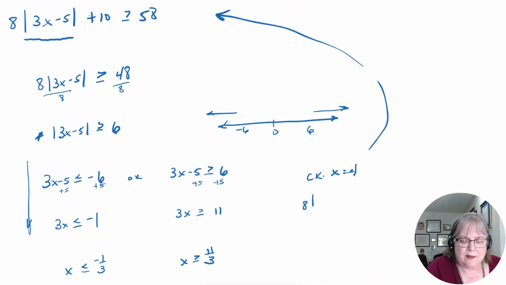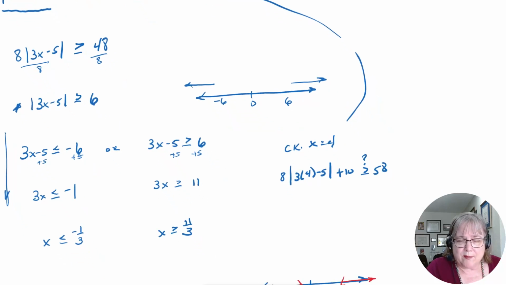So does 8 times the absolute value of 3 times 4 minus 5, plus 10, greater than or equal to 58? That's my question. And you cannot multiply inside the absolute value bars until you actually take the absolute value. So you'd have 8, absolute value of 12 minus 5.